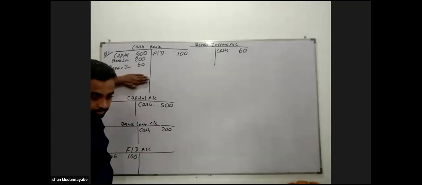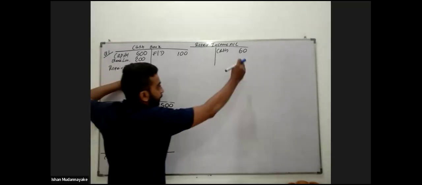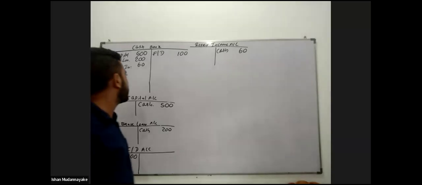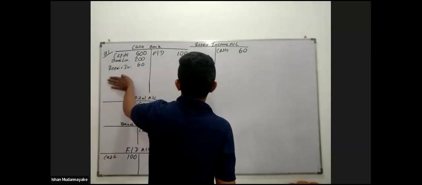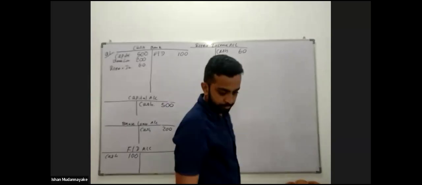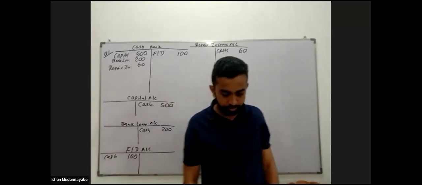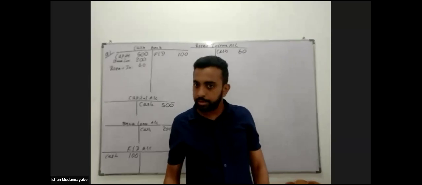The student said cash inflow, cash book debit, and then repair income credit. Every transaction has a dual impact, two impacts. Cash book debit, repair income account credit. Right, that's clear?